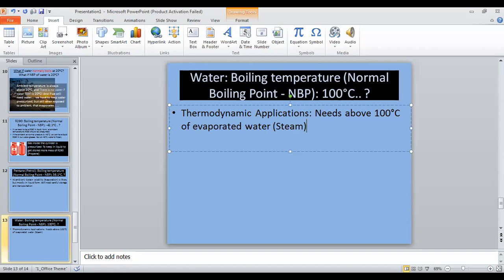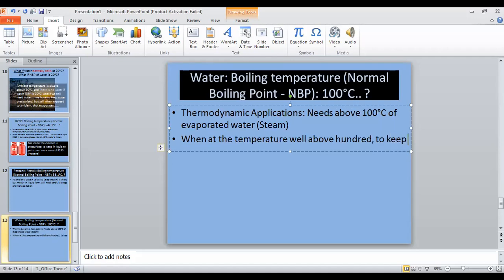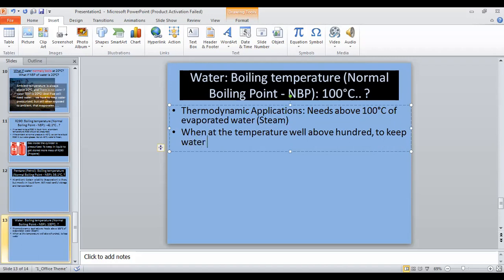Now, the other point is that at temperatures well above 100, to keep water in liquid form, you need high pressure enclosures.